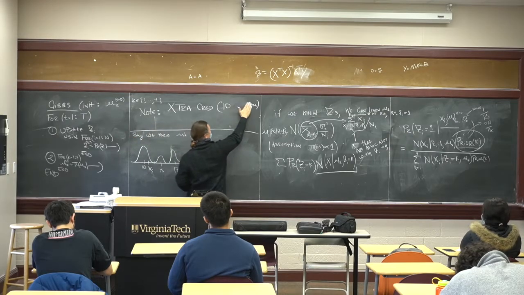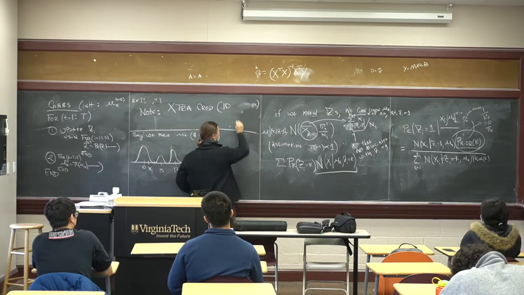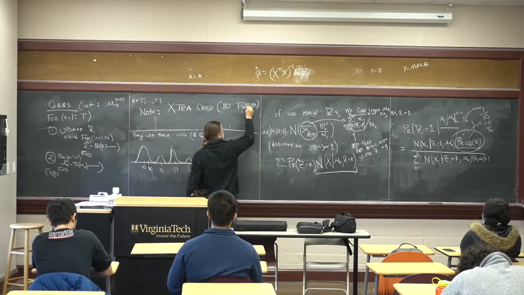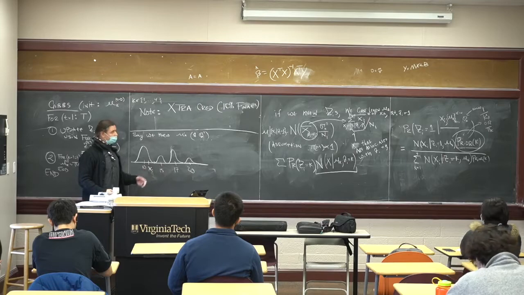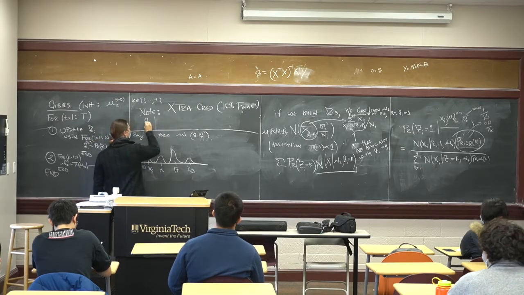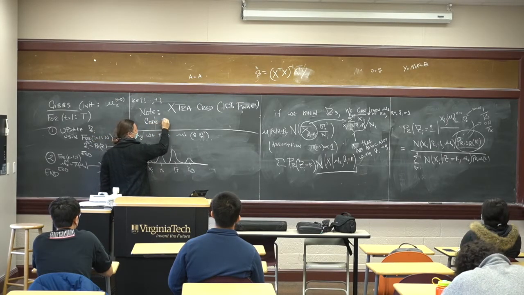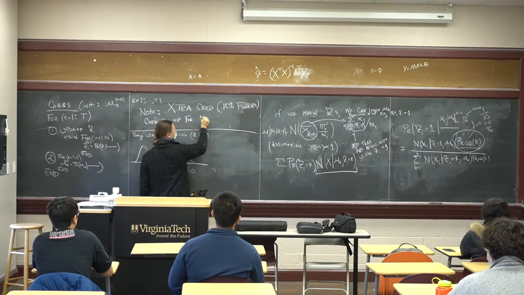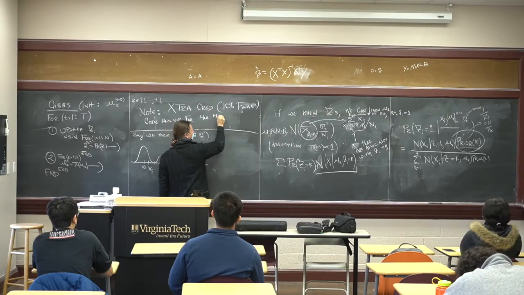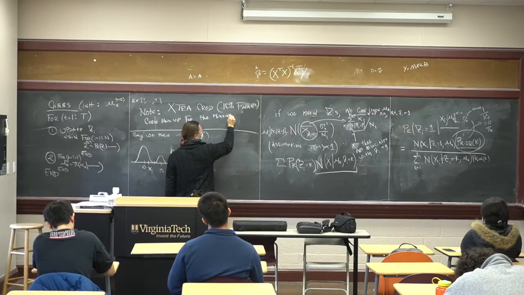Actually, let's say 10% final, because that one's 40%. So if you need points, they're easy to get. Extra credit: code this up for the homework mixture problem. That was in homework 4.